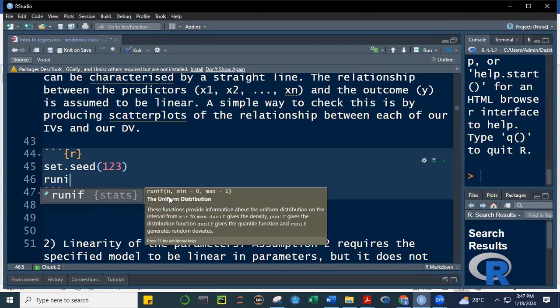So mag-generate tayo ng set of numbers na pare-pareho tayo kasi nag-set.seed tayo. And kung ilan yung observations, minimum and maximum. Ito yung default, minimum is equal to 0, maximum is equal to 1.